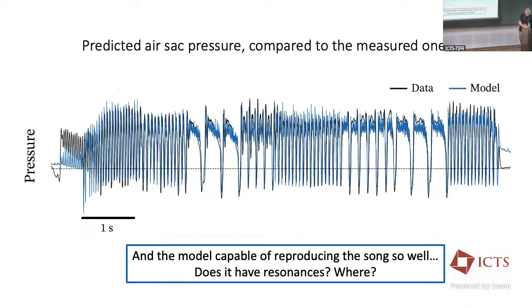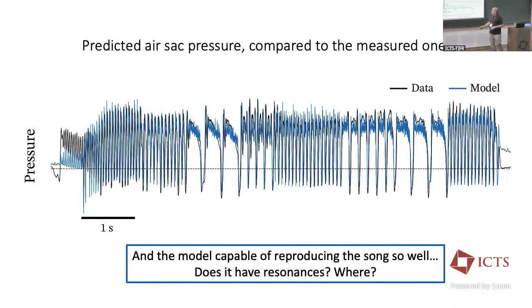So, of course, the first thing we did is to check that the model was okay. This is work that a student called Facundo Feinstein is doing. He measures the activity of the expiratory muscles. He plugs that data into the model and tries to recover the pressure, and it does a very good job. So now he studies this nonlinear system and studies the resonances.